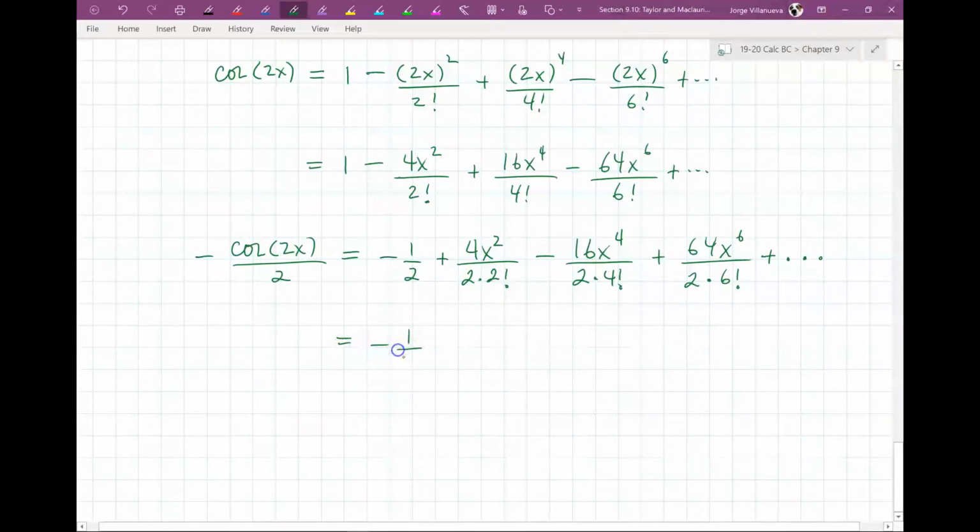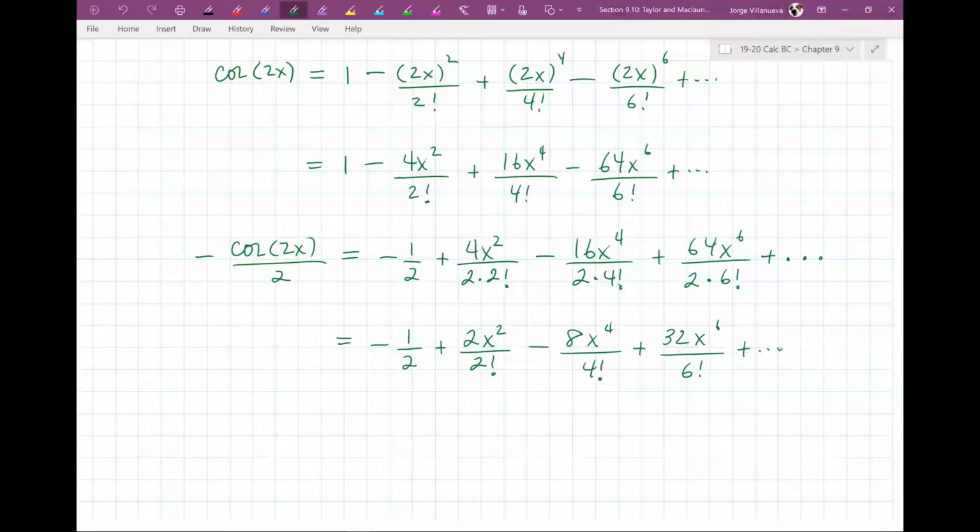That's -half plus 2x squared over 2 factorial. Notice I'm still leaving the factorial there. Minus 8x to the fourth over 4 factorial plus 32x to the 6th over 6 factorial, etc. So to make this sine squared x, all I have to do is add a half to this.